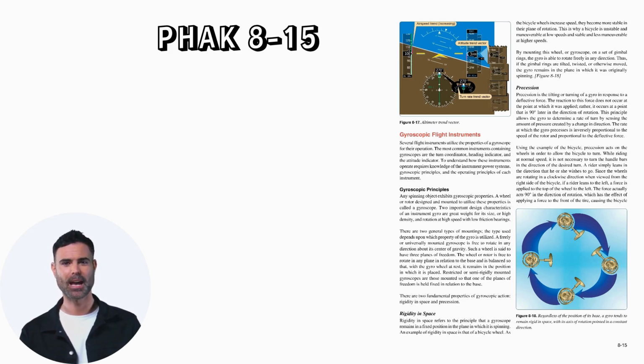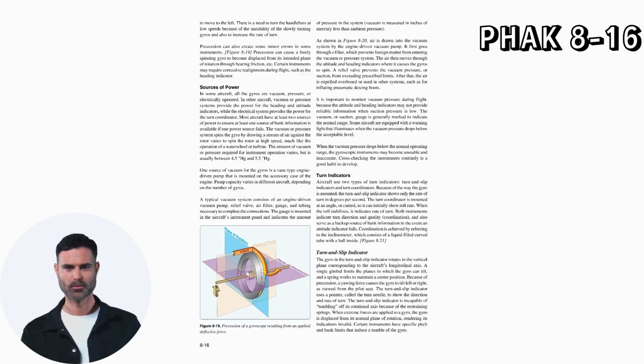The force actually acts 90 degrees in the direction of rotation, which has the effect of applying a force to the front of the tire, causing the bicycle to move to the left. There is a need to turn the handlebars at low speeds because of the instability of the slowly turning gyros, and also to increase the rate of turn.